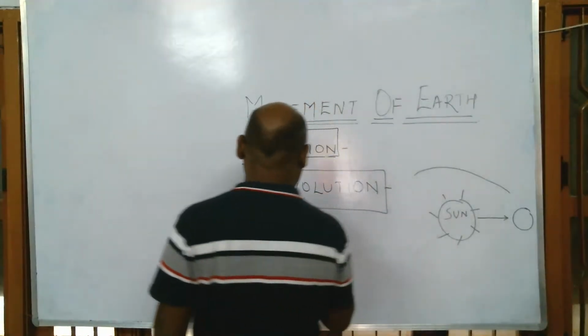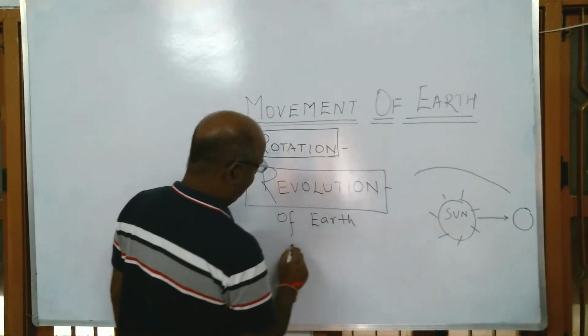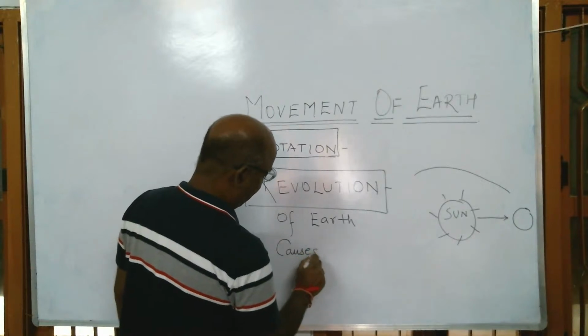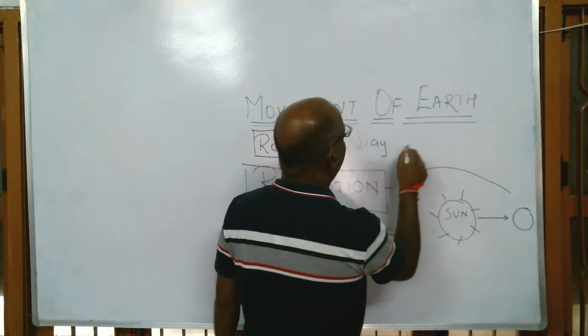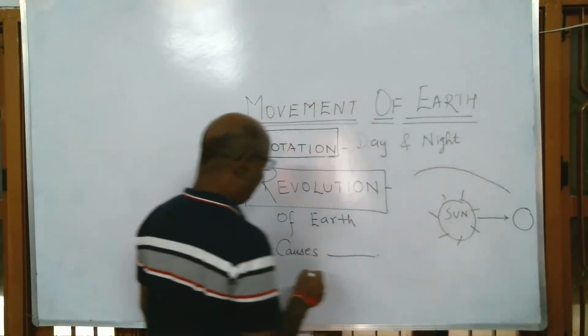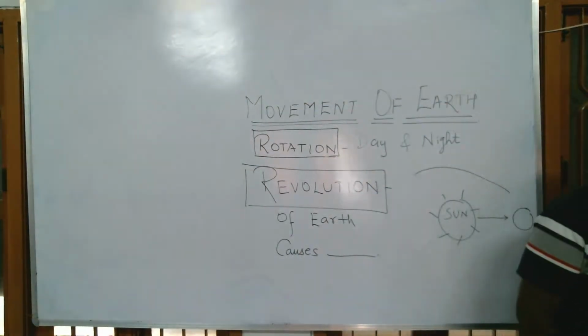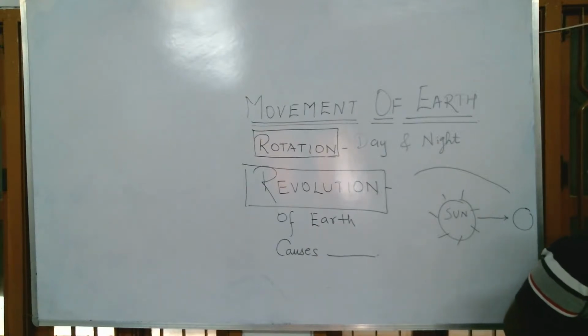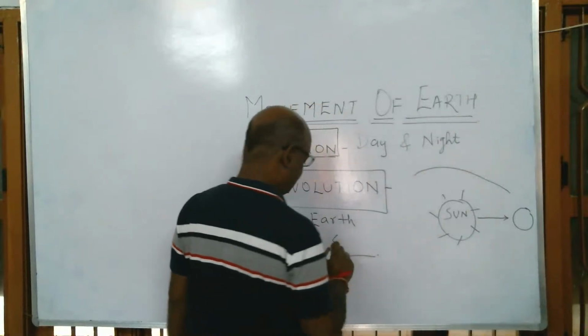Revolution of the Earth causes dash. Rotation you told very correct: day and night. Revolution of the Earth causes dash. Seasons. Very correct. Seasons.